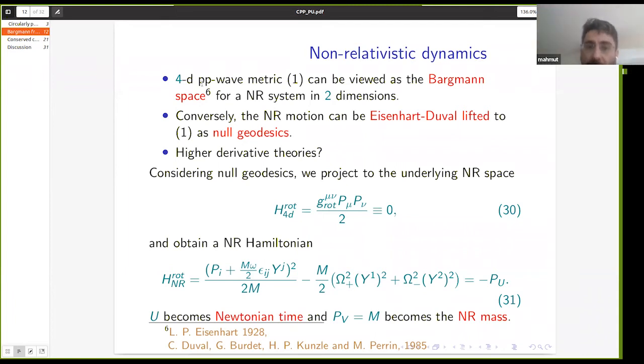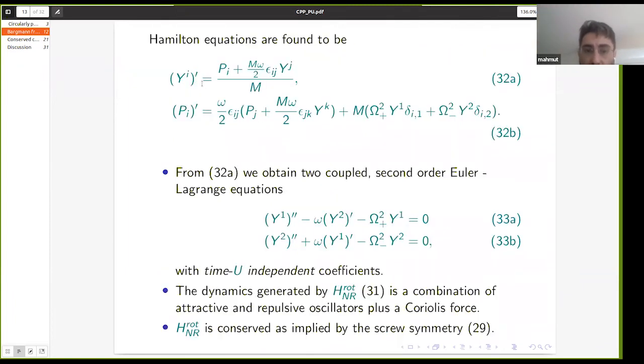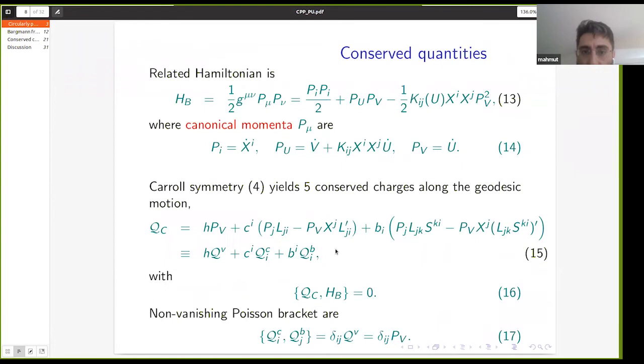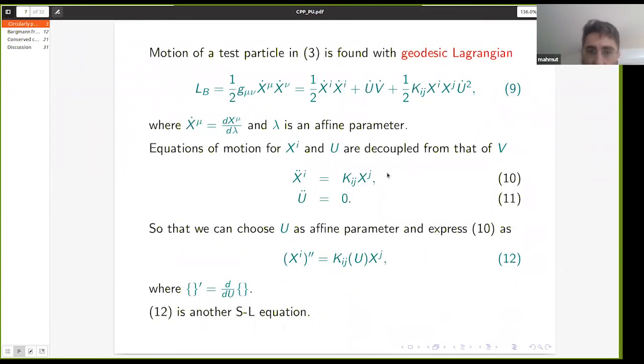The dynamics are the same, because the equations of motion for the non-relativistic system are exactly the same as for that part of the 4-dimensional geodesics. So while you are working with the geodesics of this 4-dimensional manifold, you are actually doing relativistic and non-relativistic physics at the same time. So this is the essence, okay?